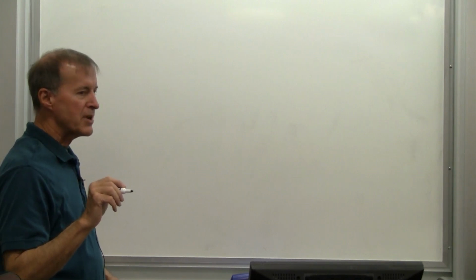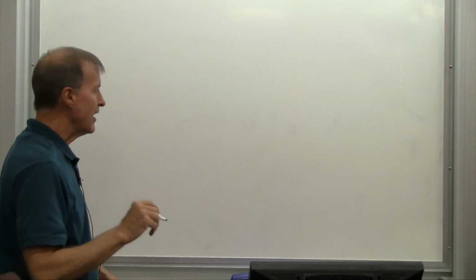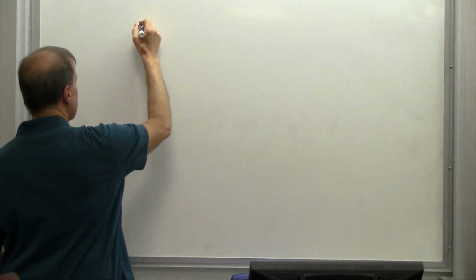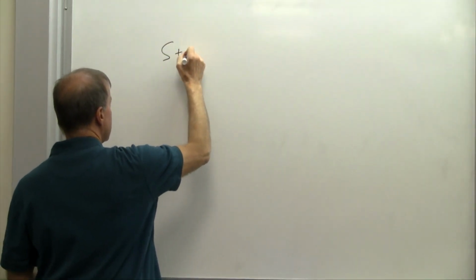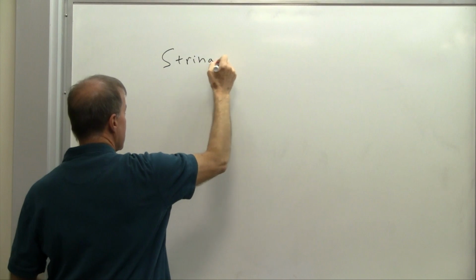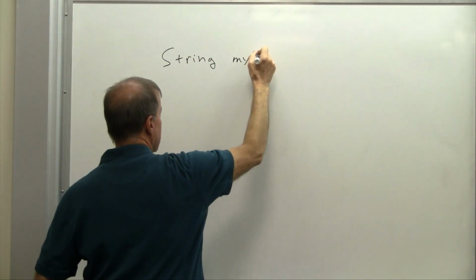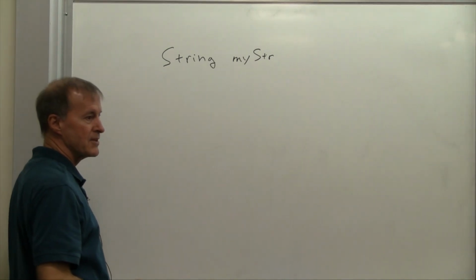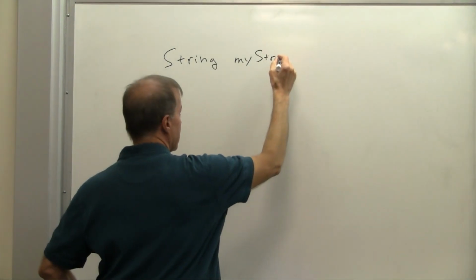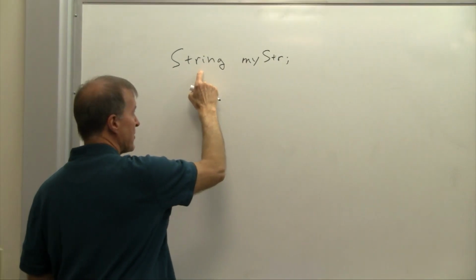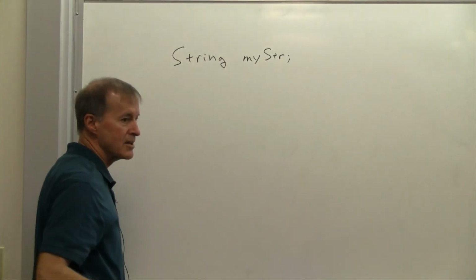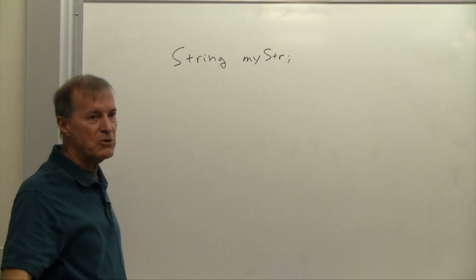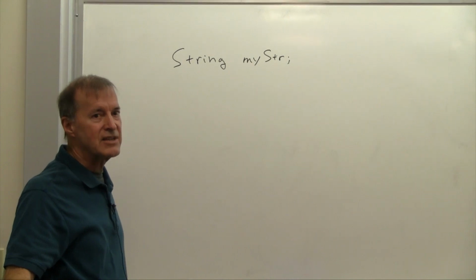Suppose we have two variables. Suppose we have type String, and we say myStr. All right, suppose we have this. Because this is a capital S String, is myString mutable or immutable? That's immutable.